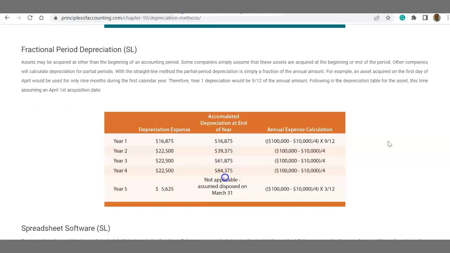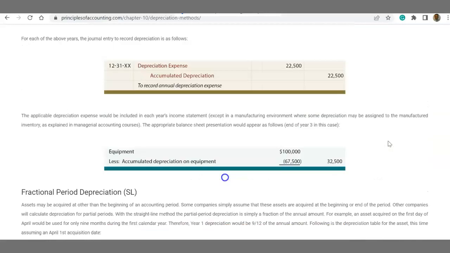I have a question. Yeah. So if something is fully depreciated, then it's your 100,000 less 100,000, your net book value is zero. Do you continue to show that as an asset on your balance sheet? Yes. So in your balance sheet, you will see equipment $100,000 less accumulated depreciation of $100,000, net book value zero.